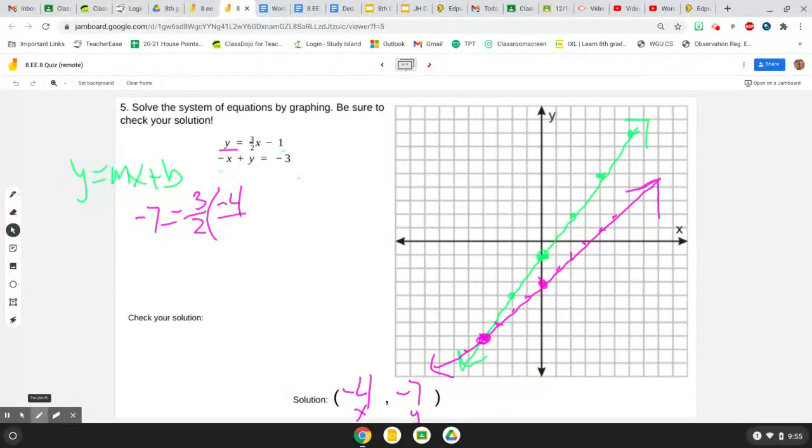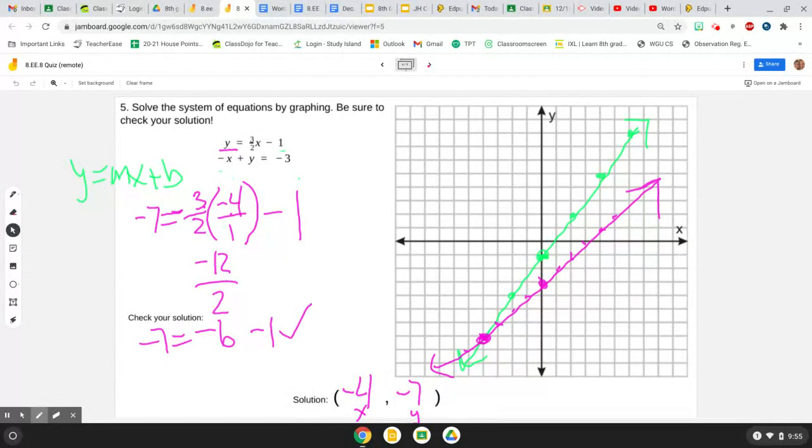And I'm going to put that over 1 because I'm dealing with a fraction. And then I have that -1. Okay, so now at this point, I am just going to multiply. So 3 times -4 gives me -12. 2 times 1 gives me 2. Well, that gives me a -6. So -6 minus 1. Does that give me -7? Yeah, it does. That one's good.